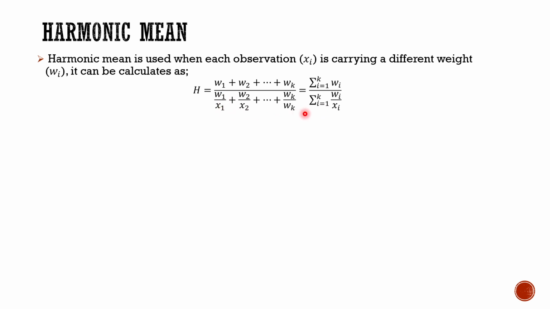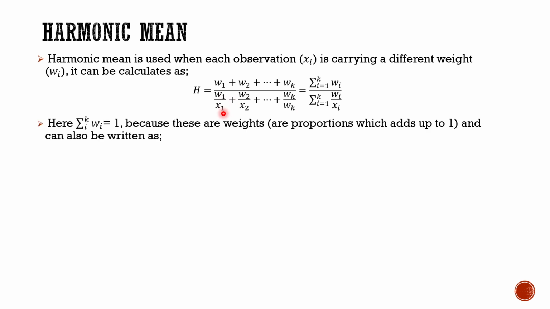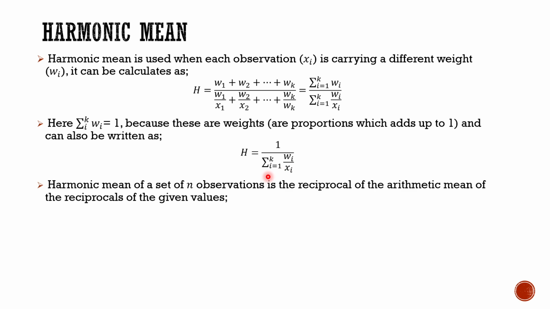So if you have k different observations, you can put all of them in using the weightages and the ratios of weightage to the observation. It is very important to mention that the summation of wi is 1, because these are the weights or proportions which add up to 1. It can also be written this way: the harmonic mean is 1 upon the summation of wi upon xi, i equal to 1 to k.